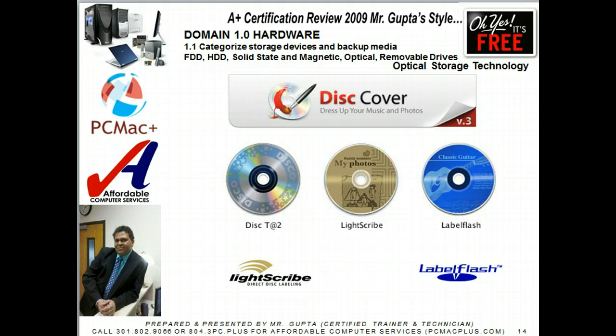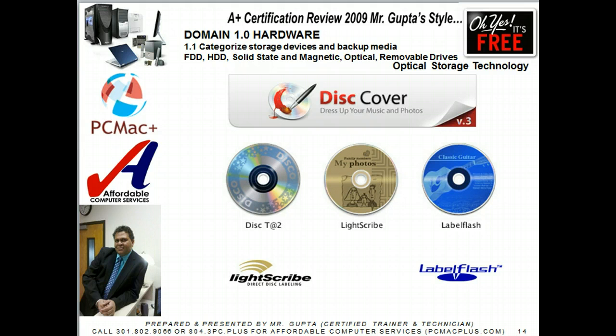At that time, there was no other technology available that would let you laser etch a design to the label side of an optical disc. Another program called DiscT@2 had been developed and released by Yamaha in 2002, but unlike LightScribe technology, DiscT@2 only allowed people to burn a design to the unused part of the data side of the disc.